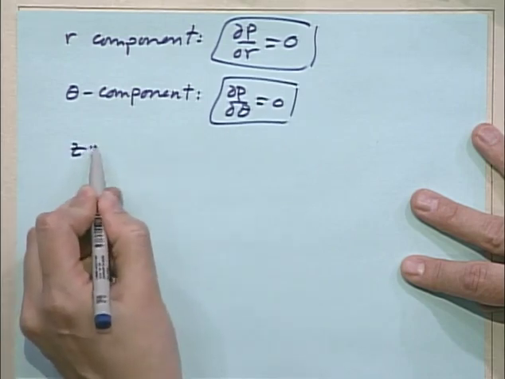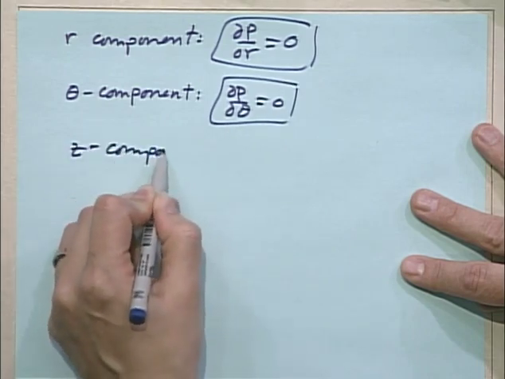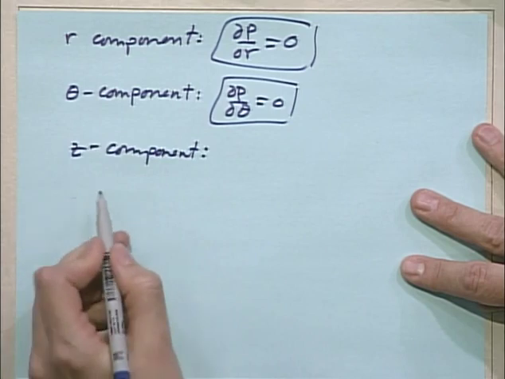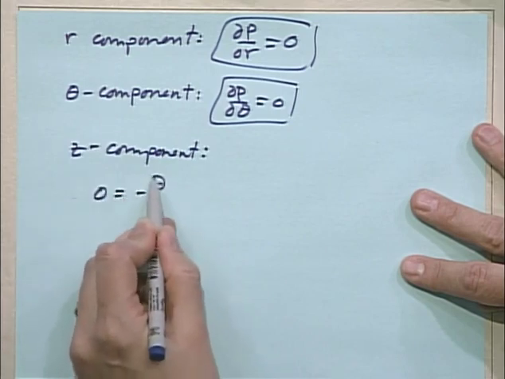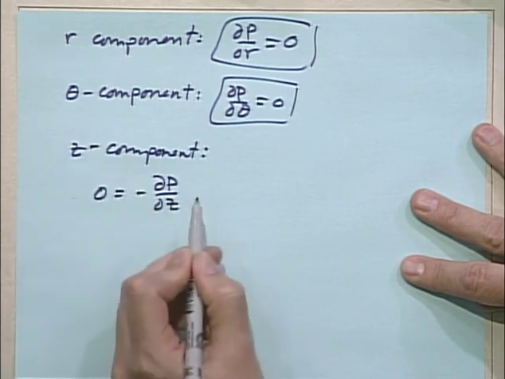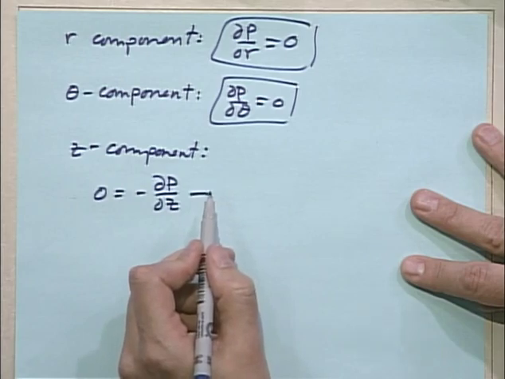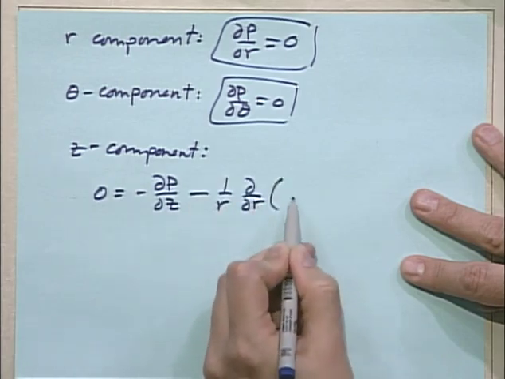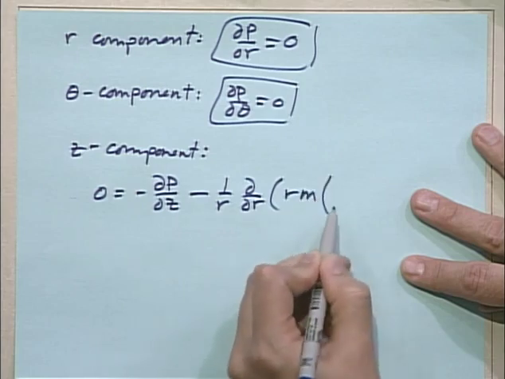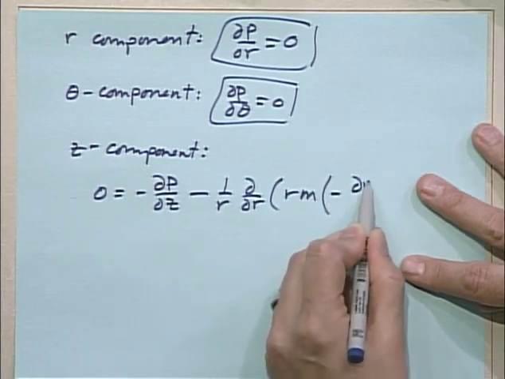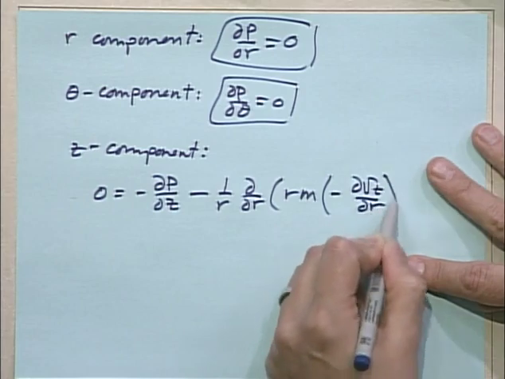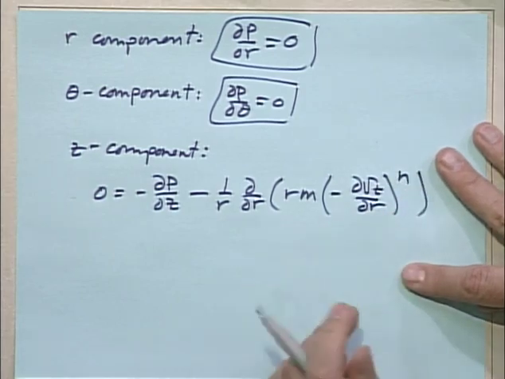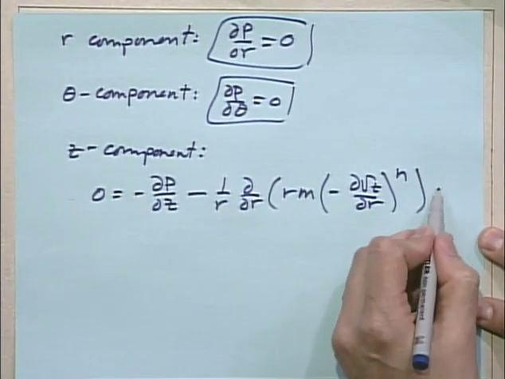The z component tells us 0 equals minus dp dz minus 1 over r d by dr of r times m quantity minus dvz dr quantity to the n, plus rho g.